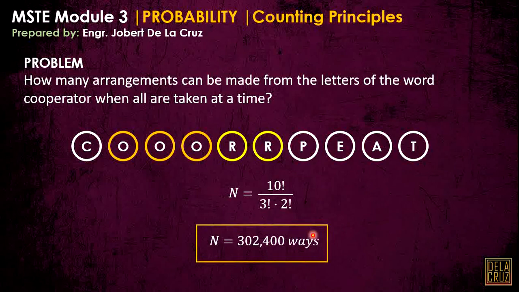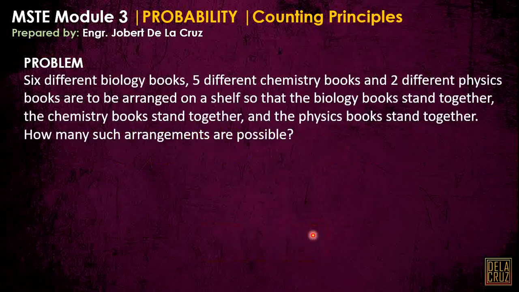Okay? So, another example para ma-master talaga. 6 different biology books, 5 different chemistry books, and 2 different physics books are to be arranged on a shelf so that the biology books stand together, the chemistry books stand together, and the physics books stand together.